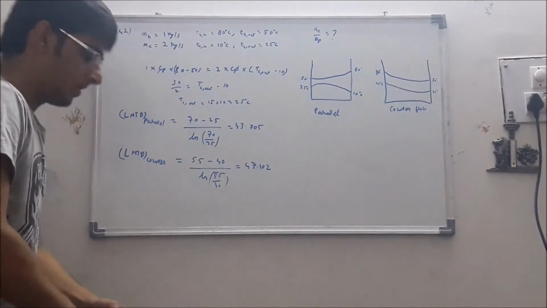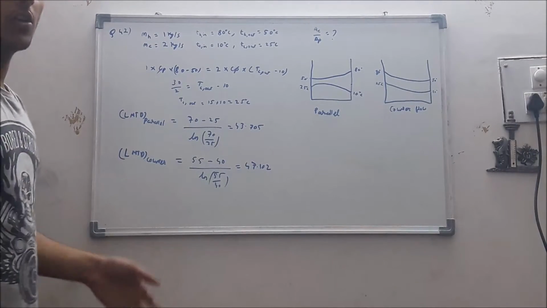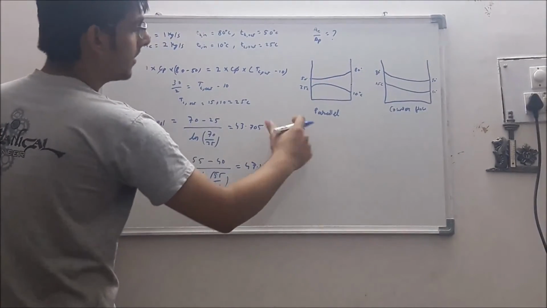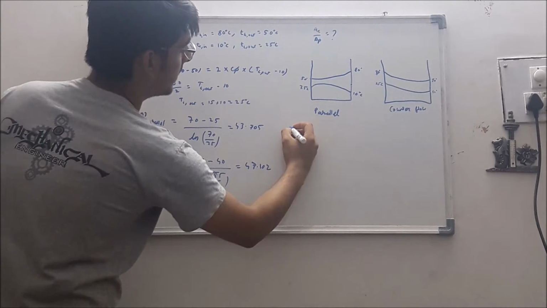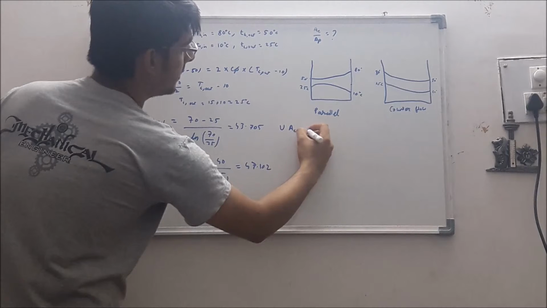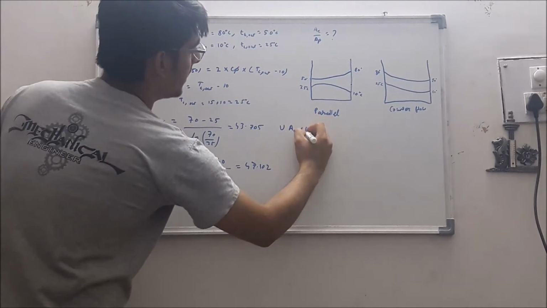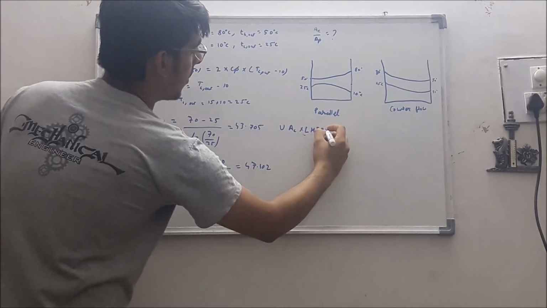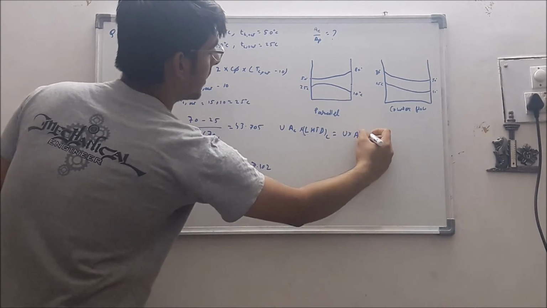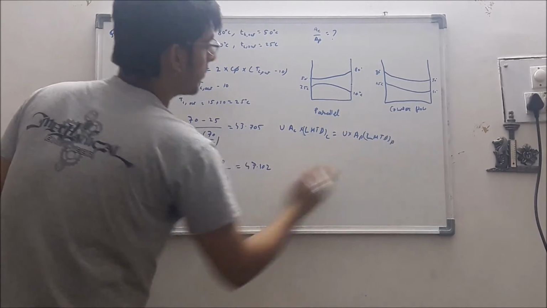That is equal to 47.102. Now we have to find AC by AP, and it is given that the overall heat transfer coefficient for both of them is equal. So equating Q, we will get U into AC into LMTD of counter flow will be equal to U into AP into LMTD of parallel flow.